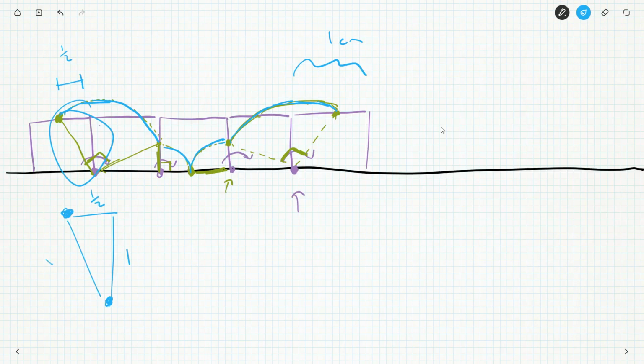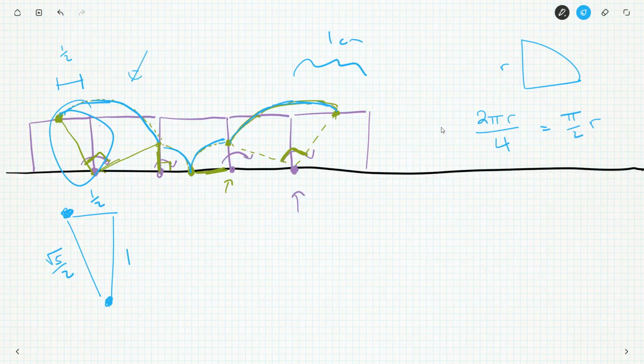We can figure out that this is root 5 over 2 centimeters. Okay, what's the formula for the perimeter of a quarter circle of radius r? What's the circumference of a circle of radius r? 2 pi r. We want a quarter of that, so we divide by 4, and it'll be pi over 2 times r.